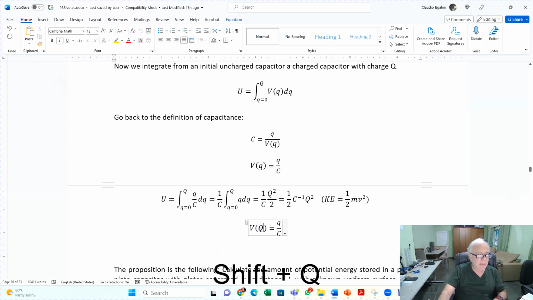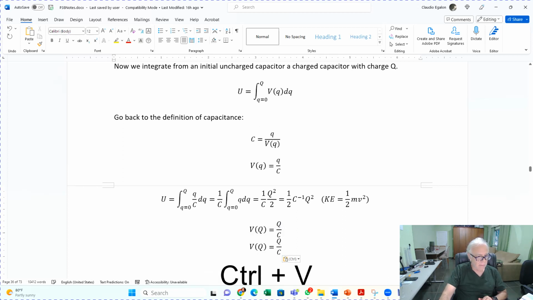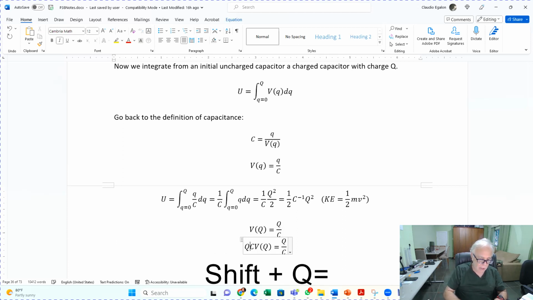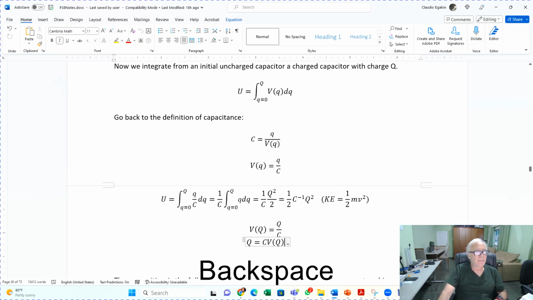Now we have V over big Q, which is big Q over C. Let's write that in different forms, and see how it looks like. In the first step, I'm going to eliminate the electric charge from this equation here.